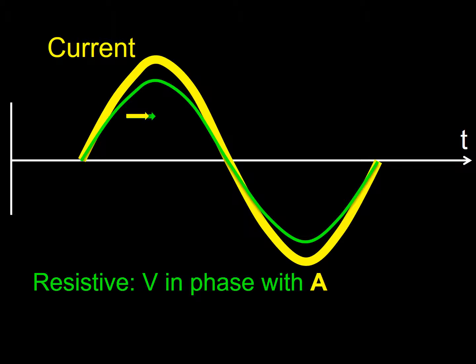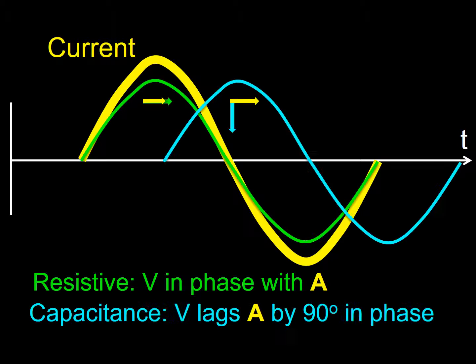The green sine wave represents voltage as a function of resistance. Current and voltage as a function of resistance are in phase. The aqua sine wave represents voltage as a function of capacitance.